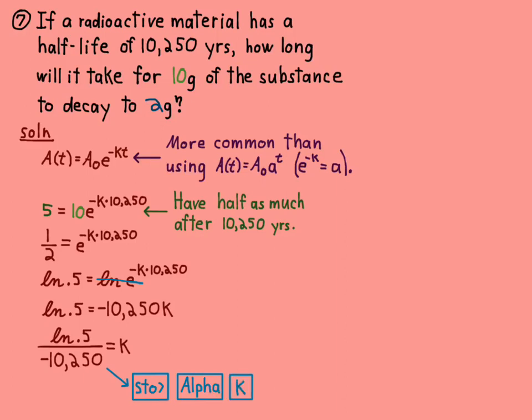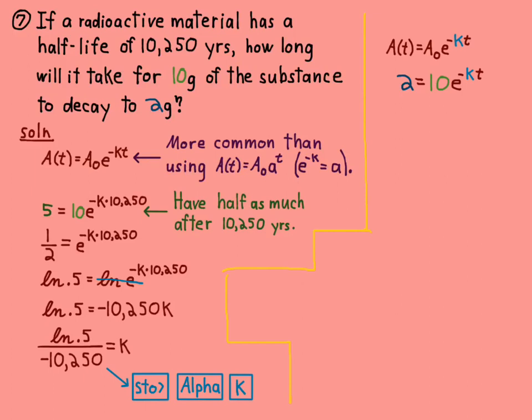I use store alpha k, so that stores it in memory as k, since it's the letter k. Okay, now I go back to my original formula, but for the k, I'm going to use this number that I have in memory. So I can just type it out with the letter k there, and it'll put in the number.